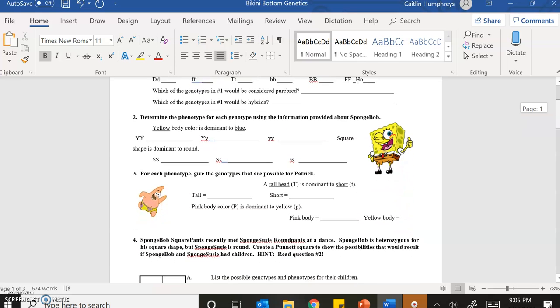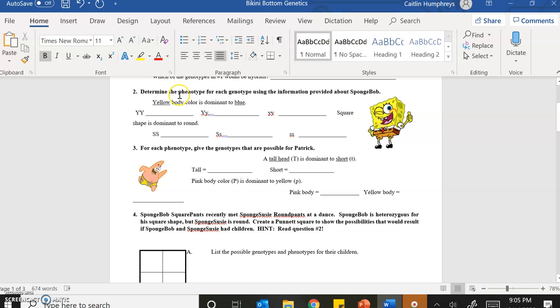Number 2 tells you to determine the phenotype for each genotype. Well, I've been given a capital Y, and I'm told that yellow is dominant to blue. If there is a capital Y, I know it's dominant, and dominant will always show up. So this capital Y has to be yellow.